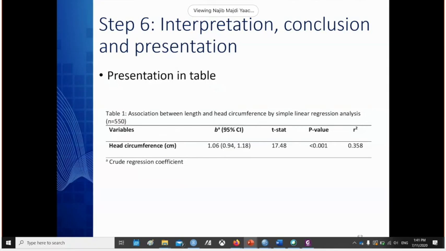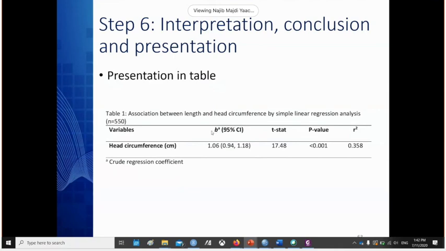In terms of presentation, you can present your result in table, text, or graph. Normally we prefer table presentation. We prefer statistical results to be presented in tabular format. Here, you need to include the beta, the crude regression coefficient. Why crude?